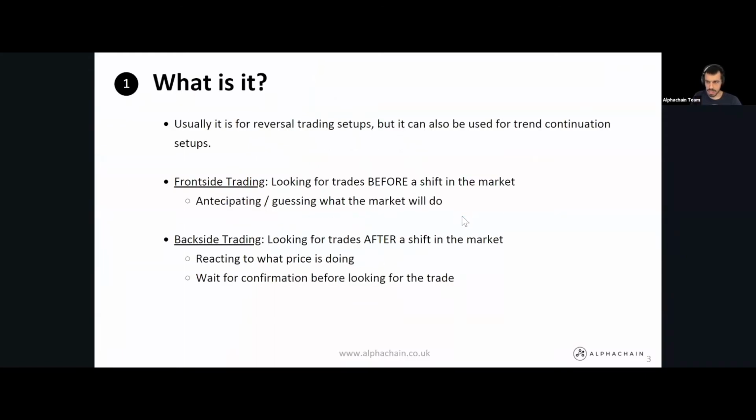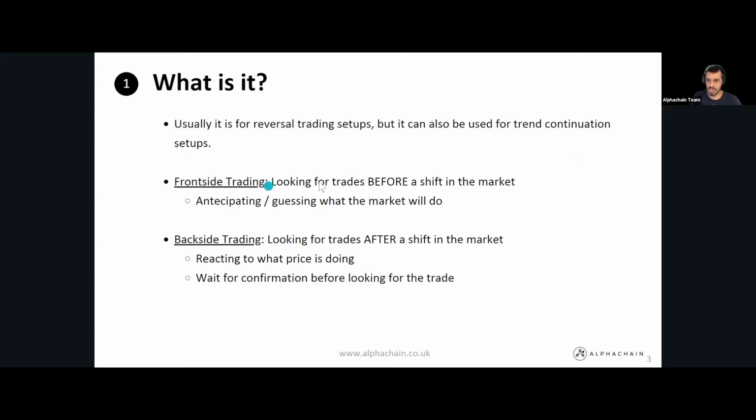So basically, what is it? Usually this is used more for reversal trading setups, but you can also use it for trend continuation. If something doesn't happen, you can use it for the trend continuation, and vice versa.